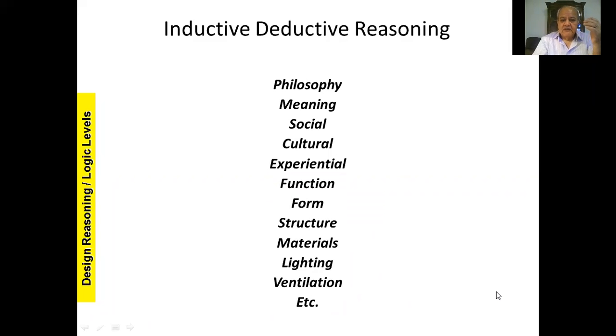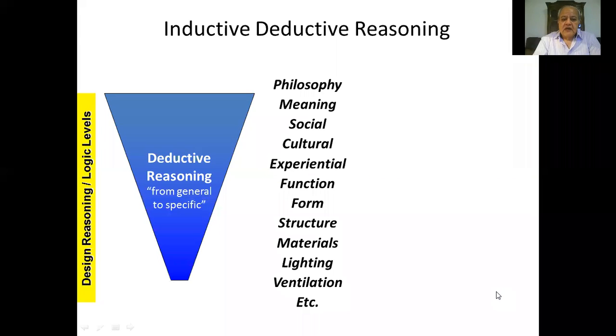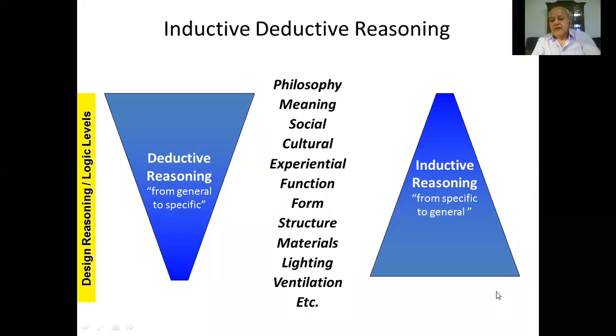If the concept is successful, it will be able to achieve all these levels at the same moment. And how do we achieve that? We keep working from deductive reasoning, from the general to the detail, and inductive reasoning. As architects, we need both. We need to think about the general philosophies, meanings, social, cultural, going all the way down to the details, ventilation and systems, and going up again.